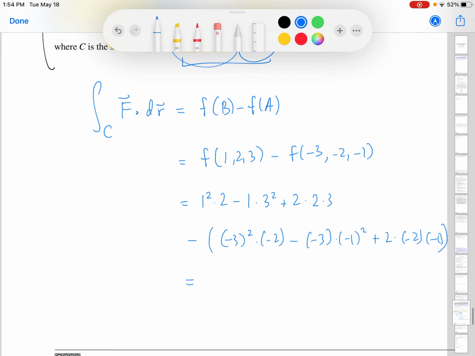Okay, so this is just a bunch of arithmetic to calculate. So we have 2 minus 9 plus 12, and then minus over here we have 9 times -2, that's -18. Let's see, plus 3, and then we have plus 4.